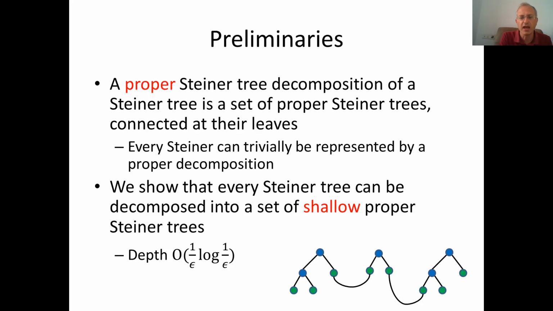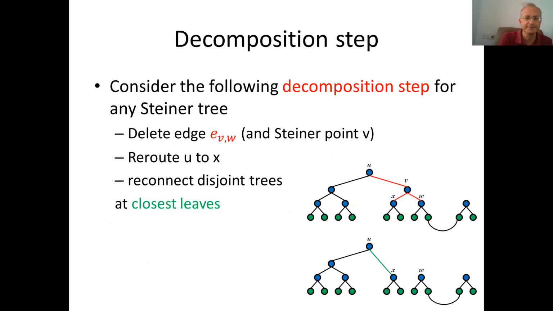Okay, the weight goes up a little bit, but it can be done, and it's interesting. So there's some epsilon. The depth is only 1 over epsilon, and the weight of the Steiner tree increases by a factor of 1 plus epsilon. Okay.